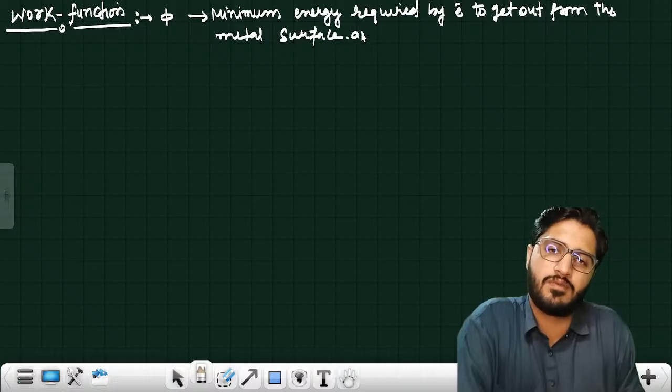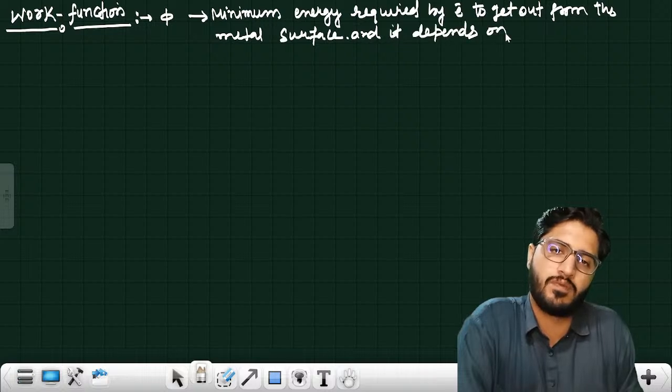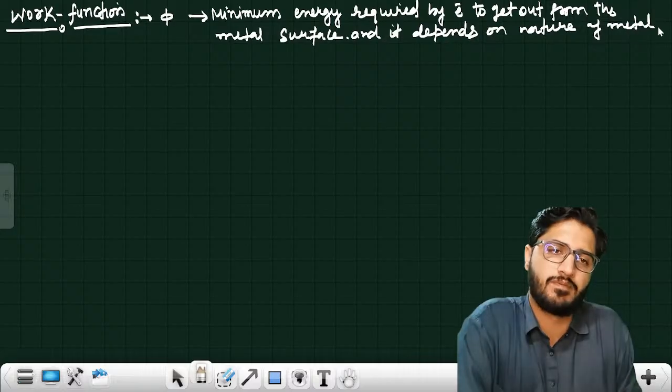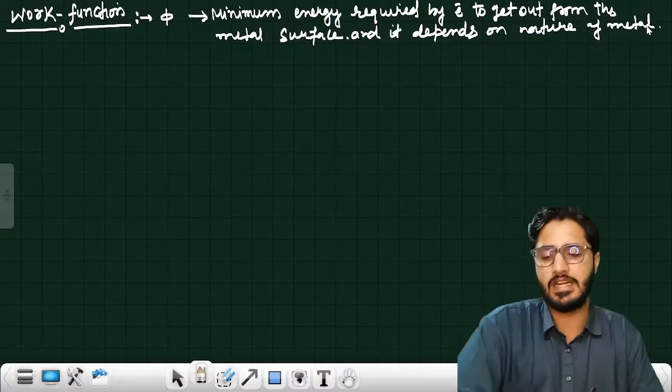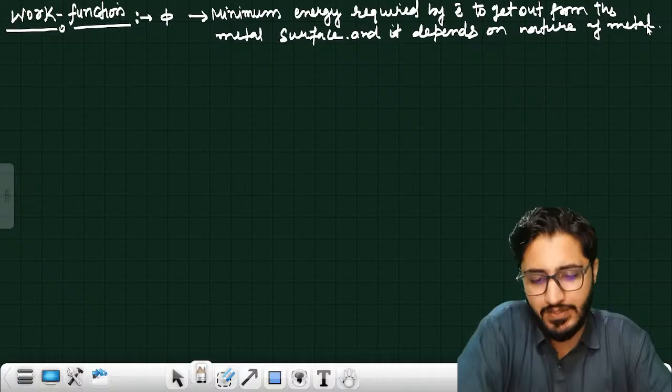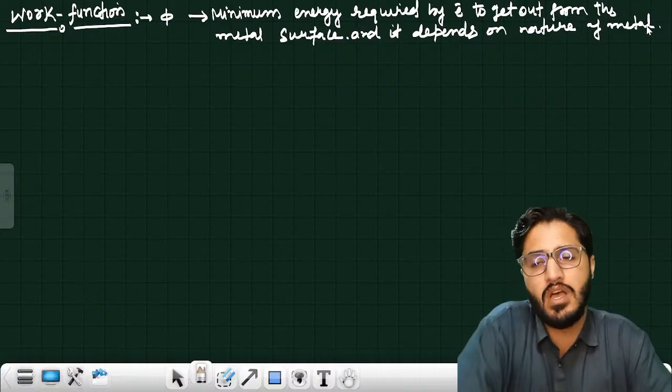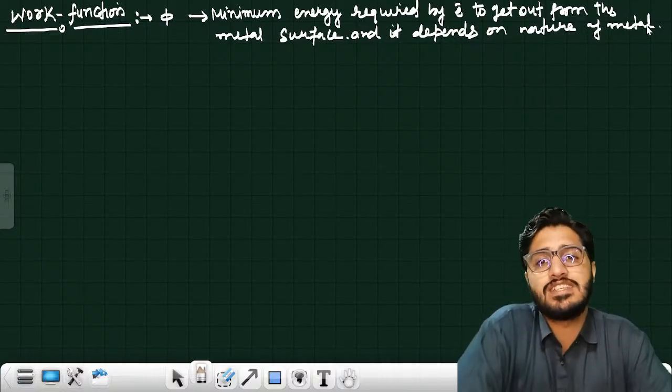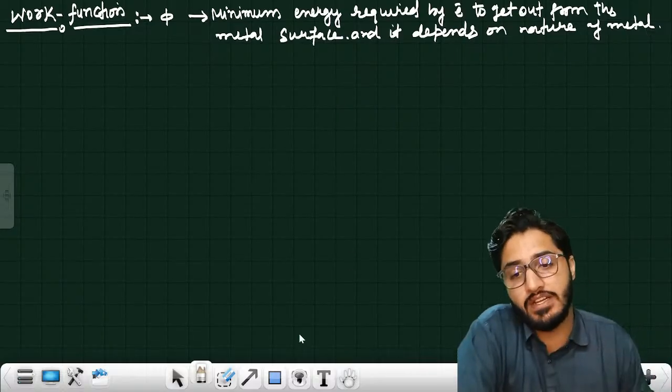And it depends on the nature of metal. This is the definition of work function. Work function is an energy, so it is also a type of energy.